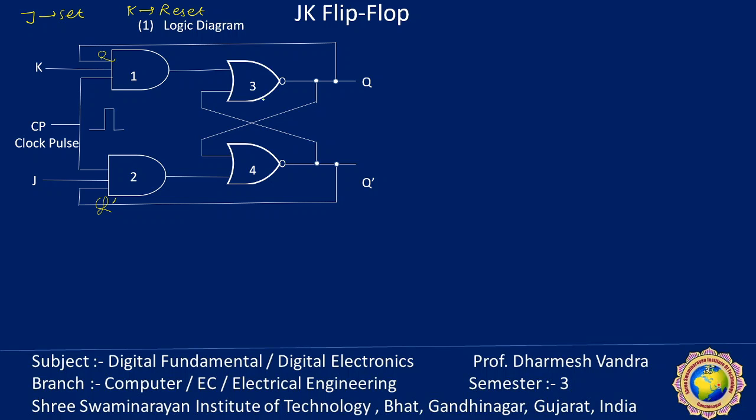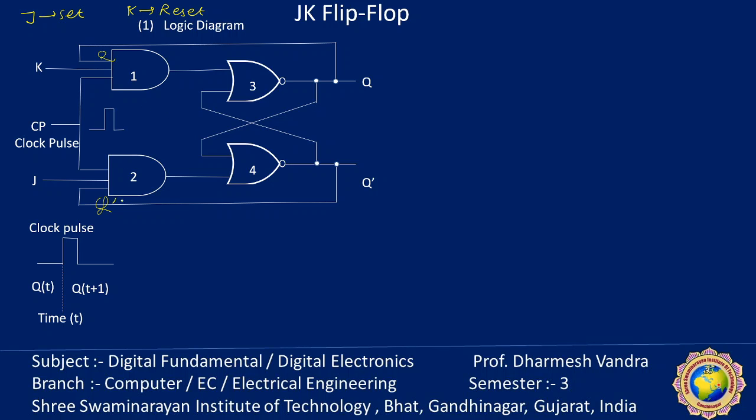Two AND gates and two NOR gates are there. Remember, when inputs are applied to both J and K simultaneously, the flip-flop switches to its complement state. Thus, if Q equal to 1, it switches to Q equal to 0. Let's see the behavior, so it will be clearer how the indeterminate state is refined here.